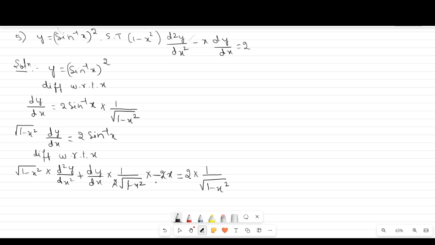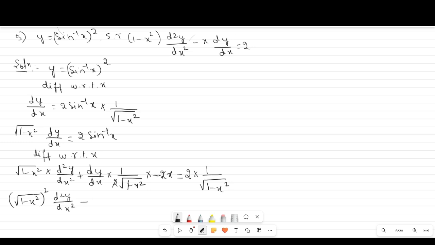Let me simplify this. Before simplifying, in the right hand side denominator we are having root of 1 minus x square, so I will multiply that to the left hand side, for both the terms. Then let me see what we will get. Root of 1 minus x square, whole square, because already we are having one such term in the left hand side. So that's why it becomes whole square.